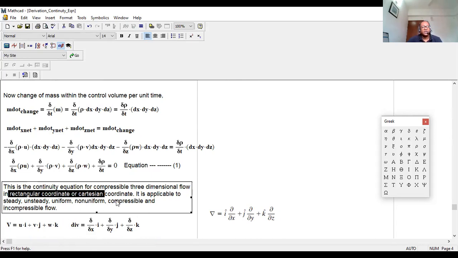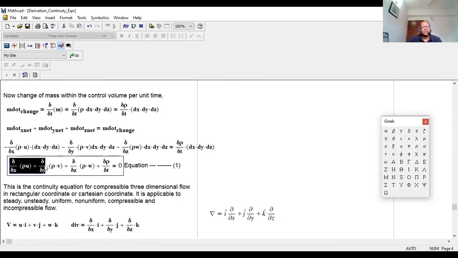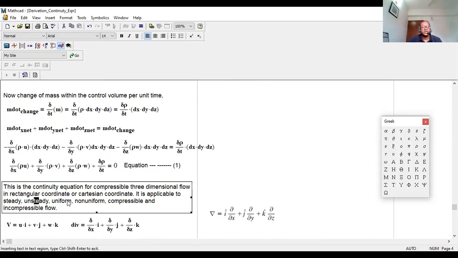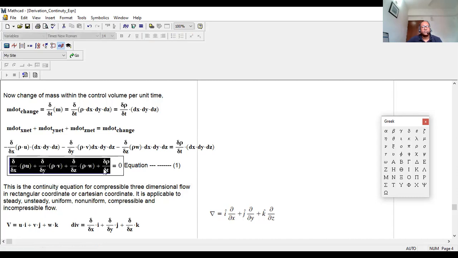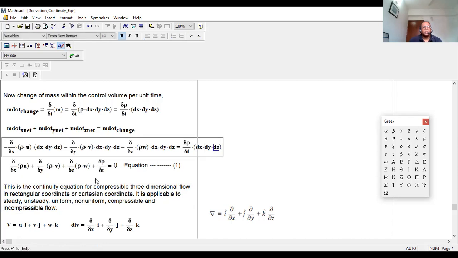And similarly, you can figure out for cylindrical coordinates or spherical coordinates. And this equation you can apply for steady, unsteady, uniform, non-uniform, compressible, and also for incompressible flow. If you think that fluid density is constant, that means incompressible. So in that case, this component will be 0.